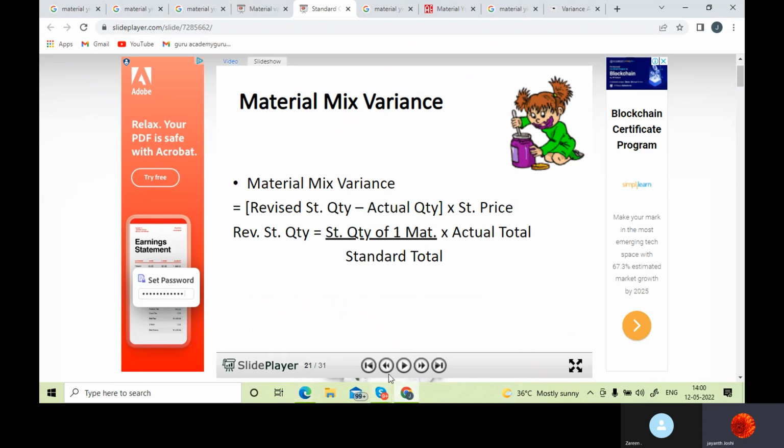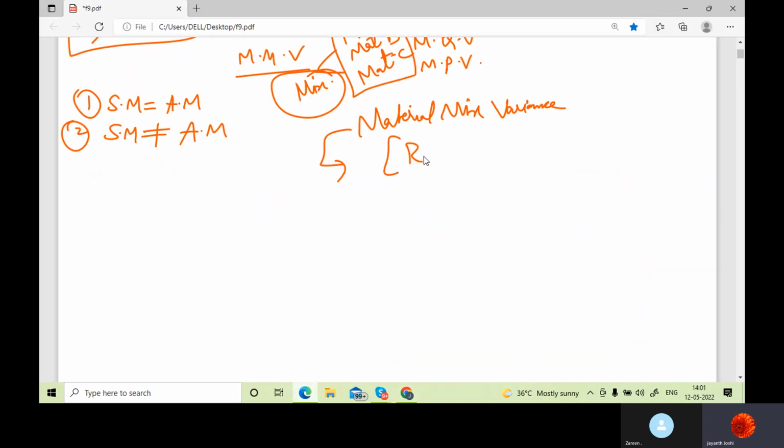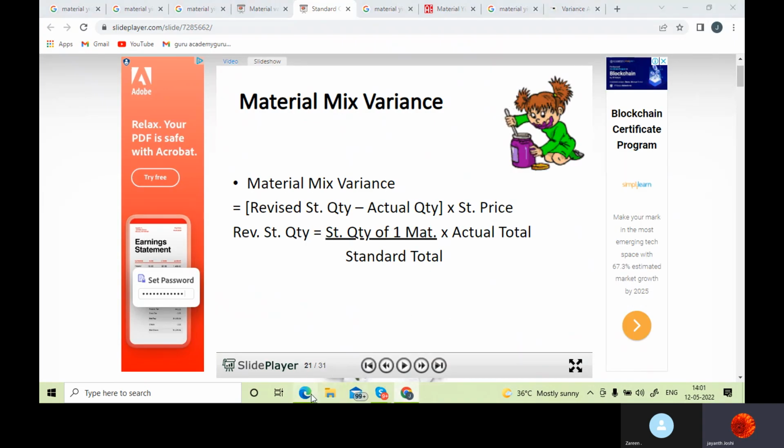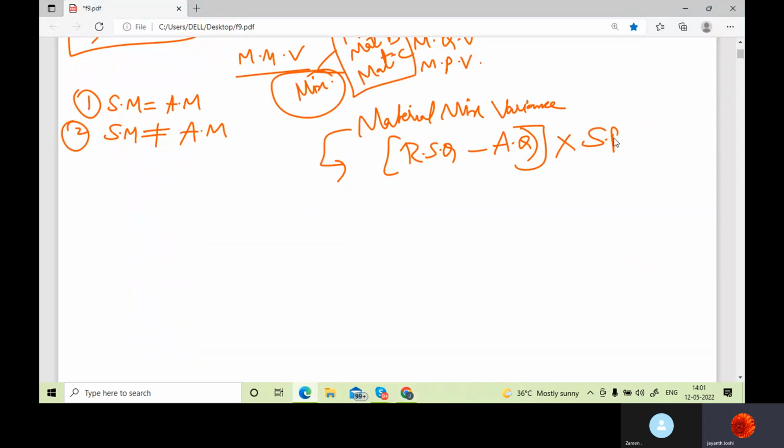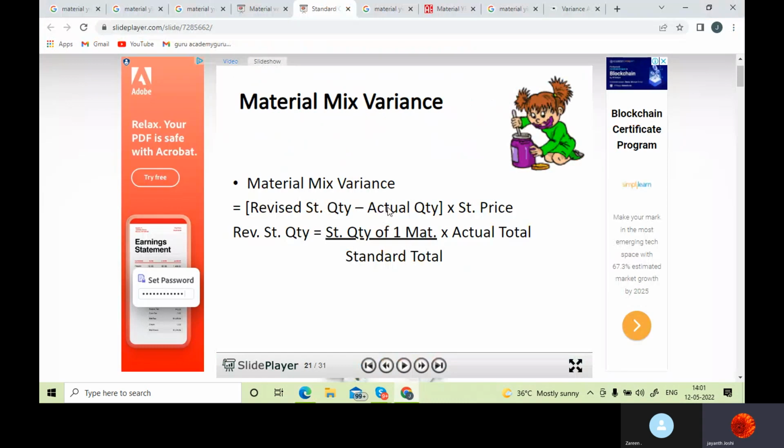So the formula happens to be revised standard quantity minus actual quantity into standard price. RSQ minus AQ into the standard price. Okay, this is the formula for material mix variance.